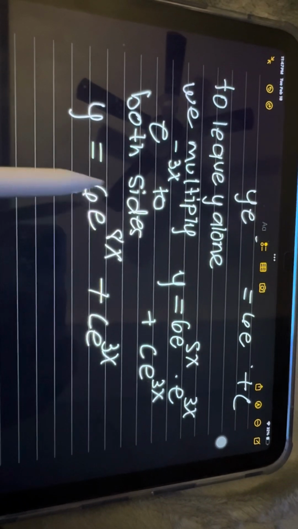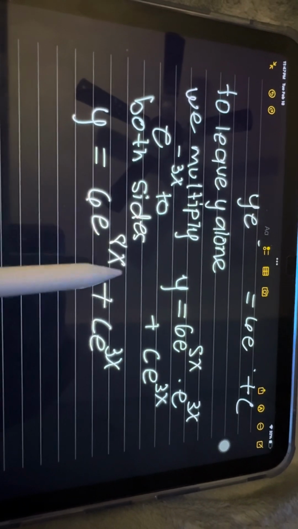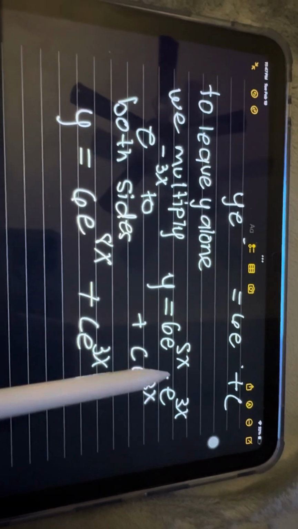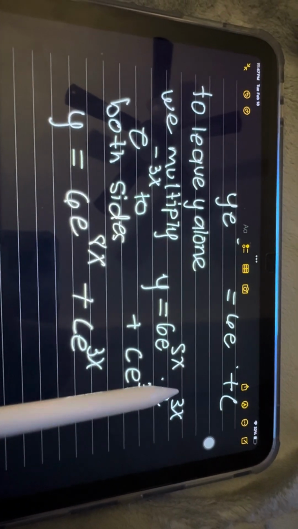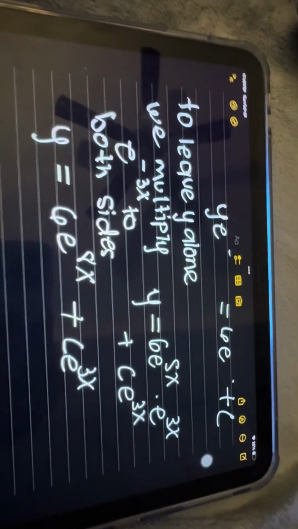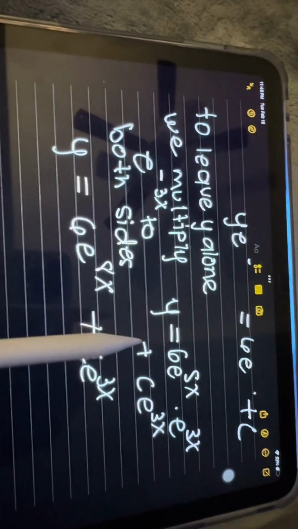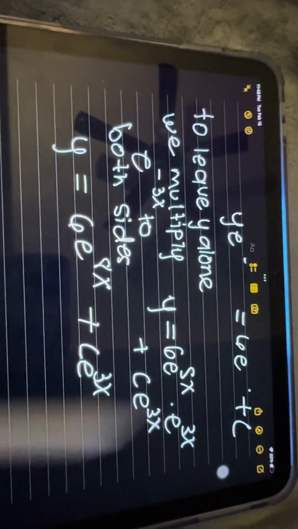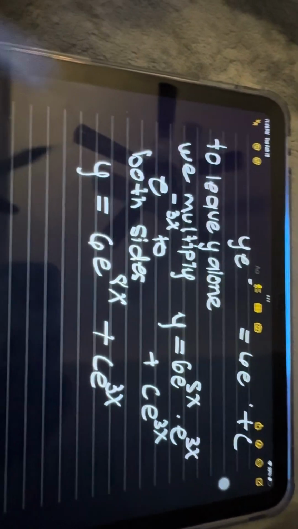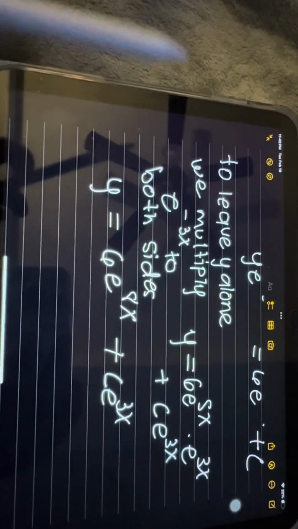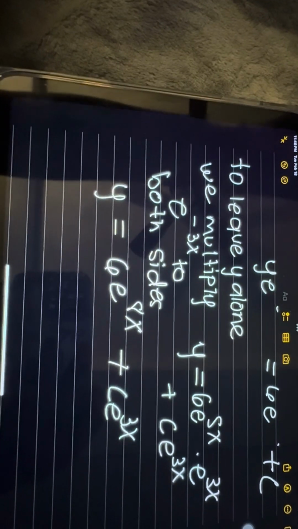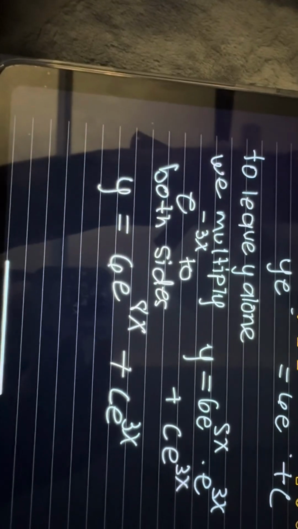Simplified, the right side will look like 6e to the 8x, because we just add the 5x and 3x on the exponents. So it would be 6e to the 8x plus c e to the 3x. This would be our final answer for our first order linear differential equation.